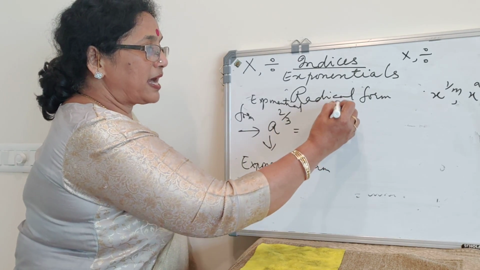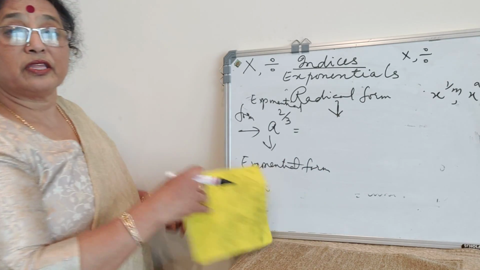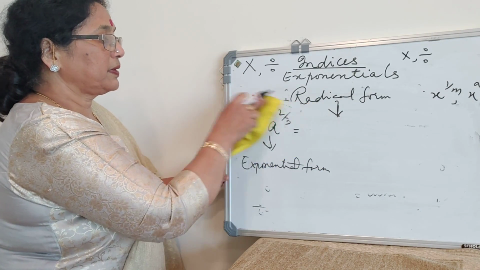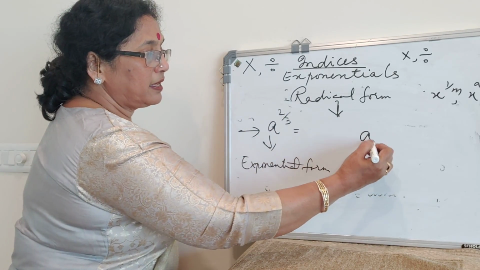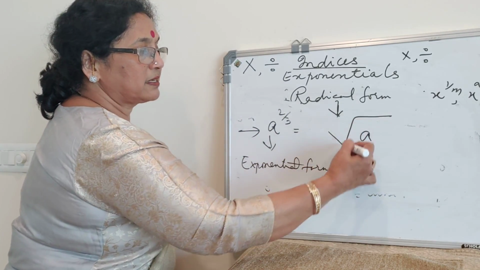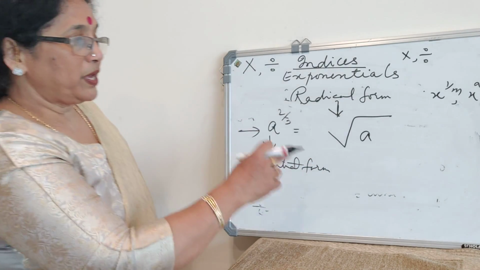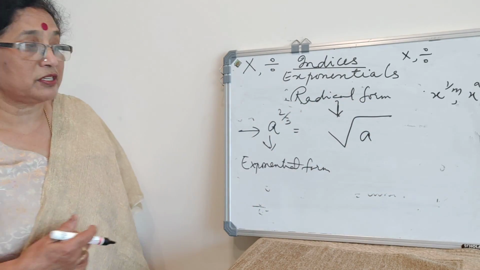And now we come to radical form. Radical form of A uses this symbol, like a tick, a small v and then a division sign.